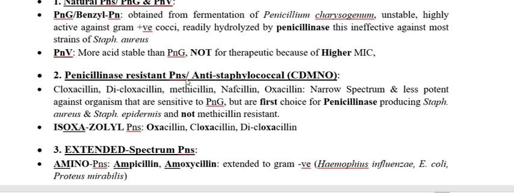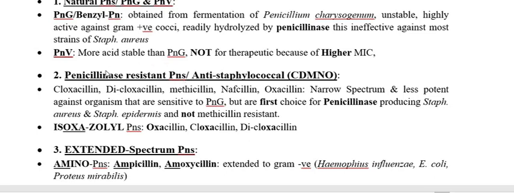These drugs have a beta lactam ring, and their beta lactam ring is not destroyed by the enzyme penicillinase produced by the resistant bacteria, and that is why they are called penicillinase resistant penicillins.